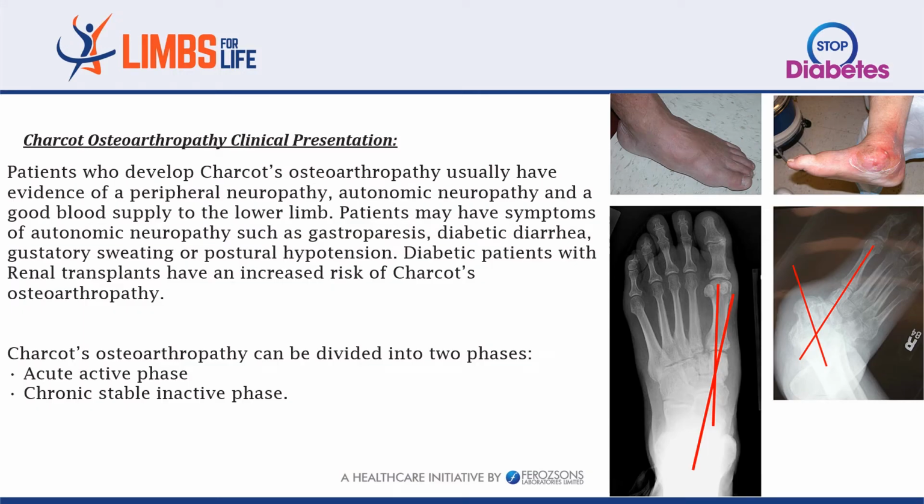What is the clinical presentation of Charcot osteoarthropathy? Patients who develop Charcot osteoarthropathy usually have evidence of peripheral neuropathy, autonomic neuropathy, and a good blood supply to the lower limb.